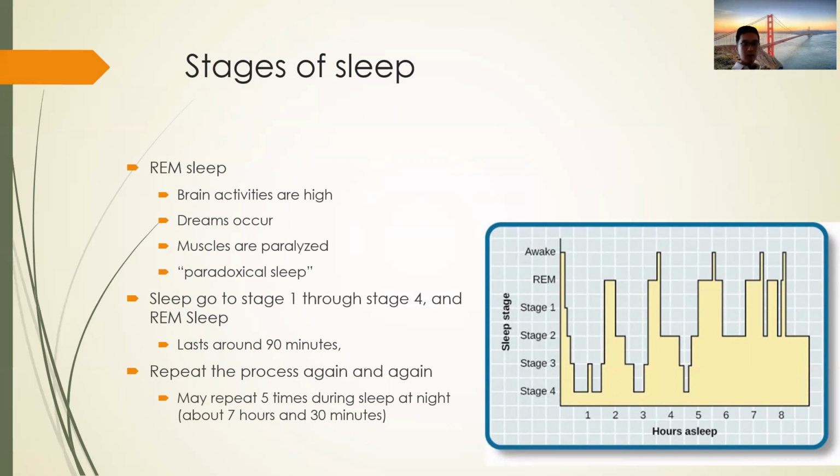So there is a cycle that lasts around 90 minutes during sleep. From stage 1 to REM, if you consider that as one cycle, that one cycle is about 1 hour and 30 minutes. That is 90 minutes. And the brain will repeat that cycle again and again.